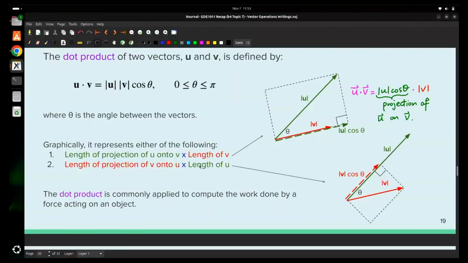This is just another perspective on how you can view the dot product. But the dot product is just the magnitude of u times the magnitude of v times cosine theta. Simple as that. Basically, the dot product is taking the projection of one vector onto the other and multiplying by that vector itself.